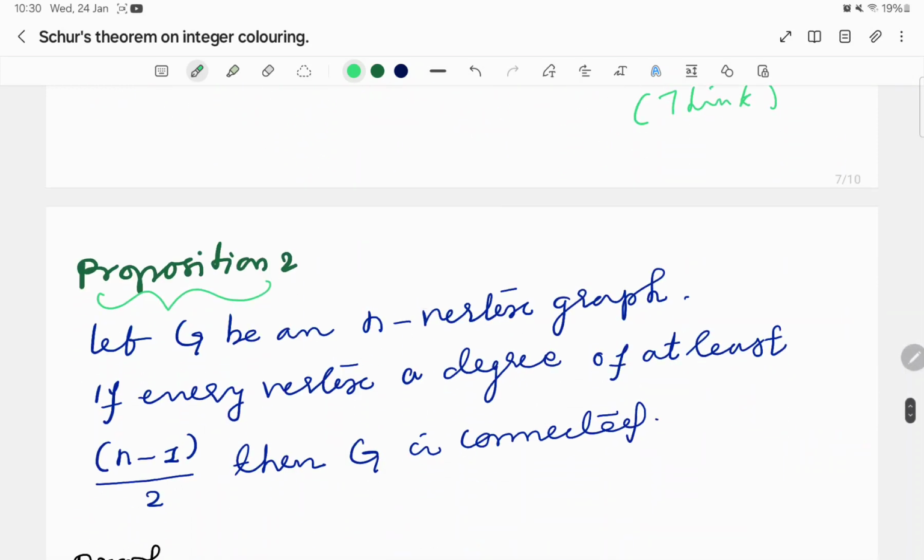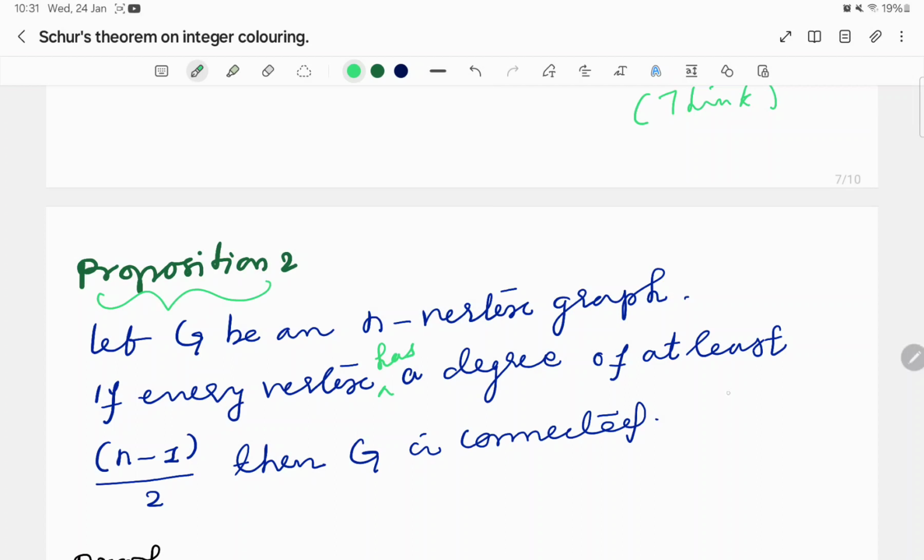So the proposition says: let G be an n vertex graph. Now if every vertex has a degree of at least (n minus 1) by 2, then G is connected.